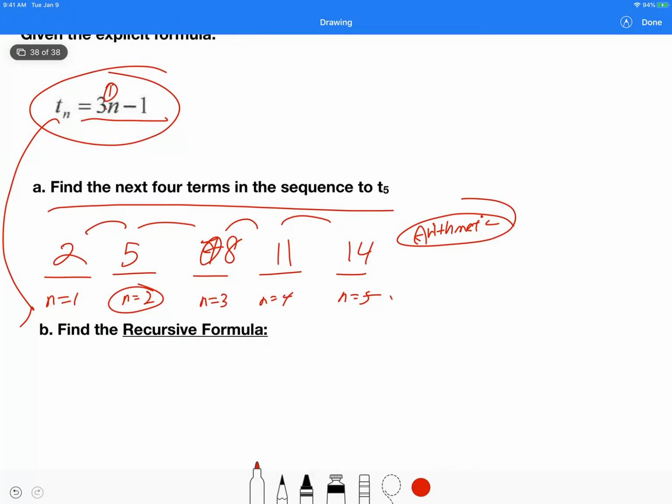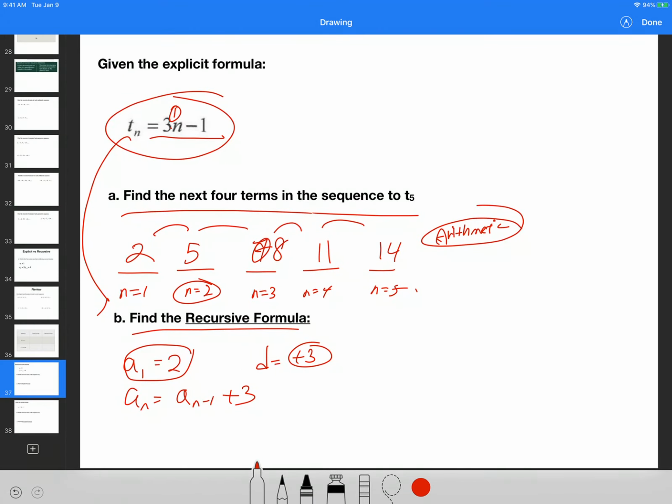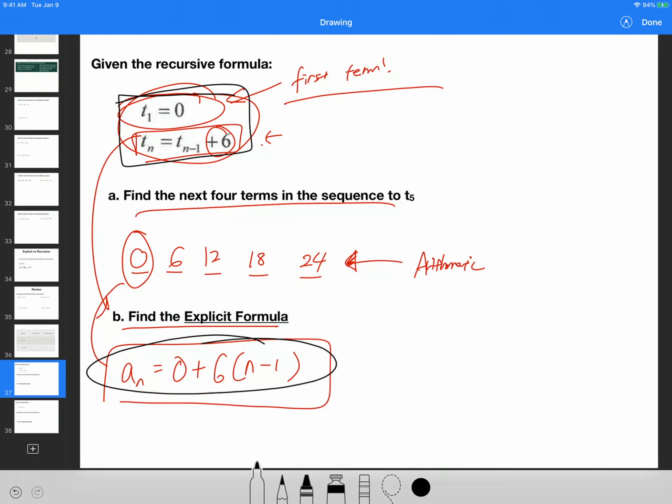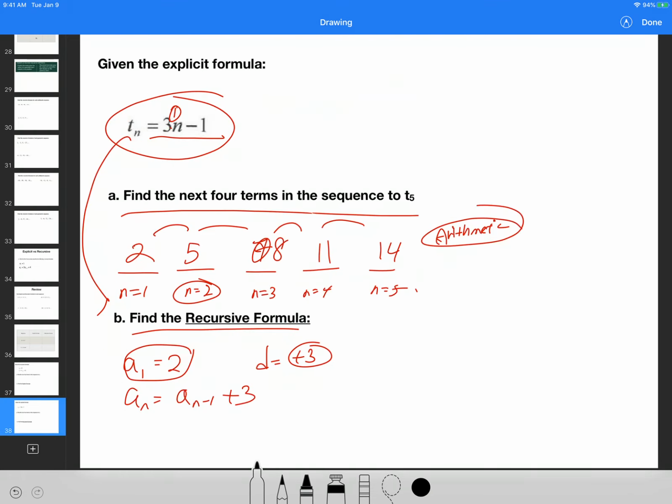I understand it's arithmetic, and to find the recursive formula, I just need my common difference of adding 3 each time. So it'll be a sub n is equal to a sub n minus 1 plus 3, where you have to define what a sub 1 is. A sub 1 is 2. Just like for the recursive formula, they tell you what the first term is, you need to be able to identify what the first term is and then tell me the formula there. So the entire recursive formula should be 2 lines instead of just 1 line like the explicit formula would be. This would be my final answer, both of these together.